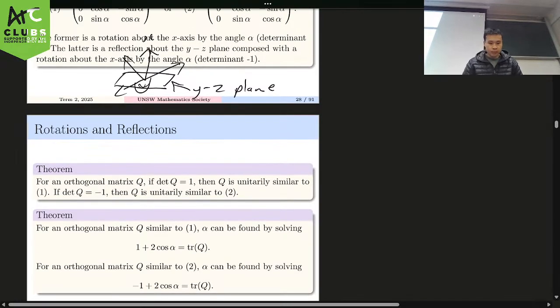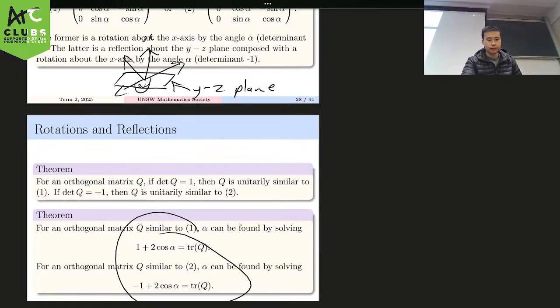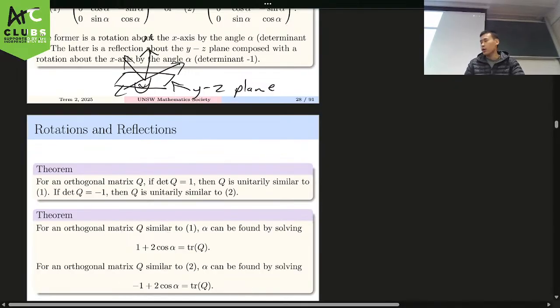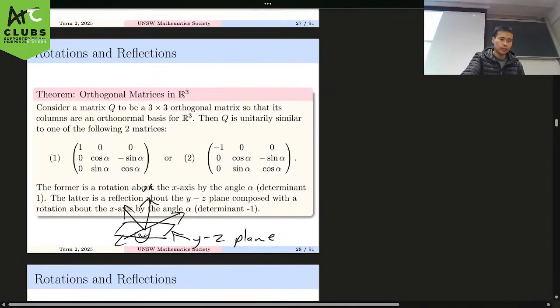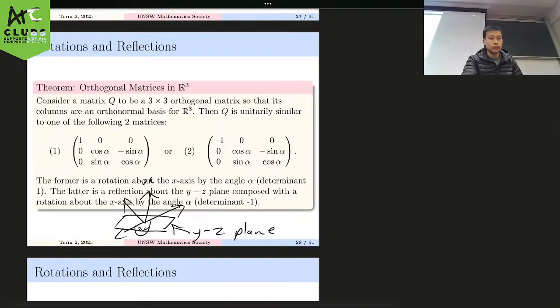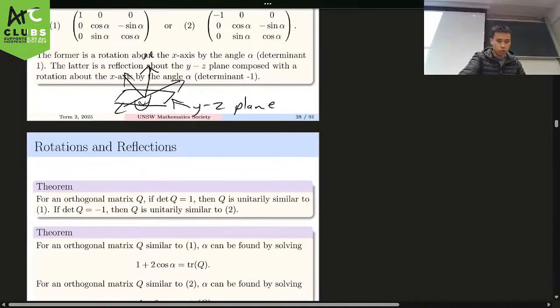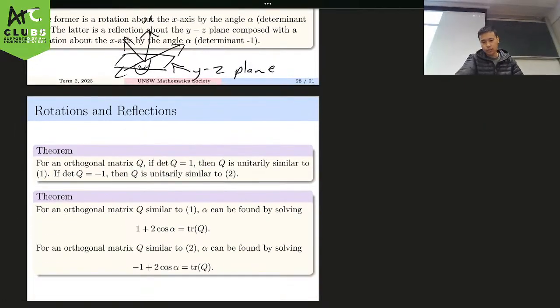You can also determine the angle by using the trace, because if you look at the matrices, the trace, depending on the case, is plus or minus 1 plus 2 cosine alpha. You can then deduce what alpha equals just by rearranging.